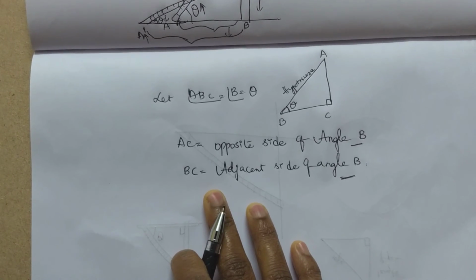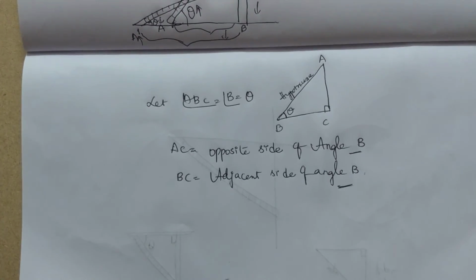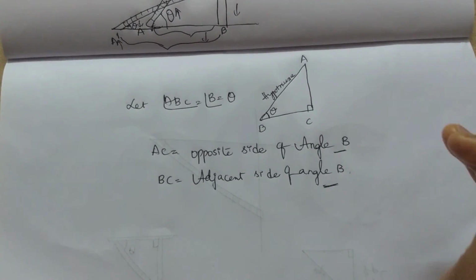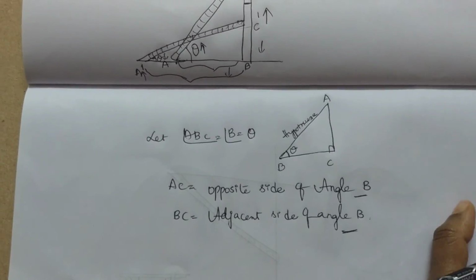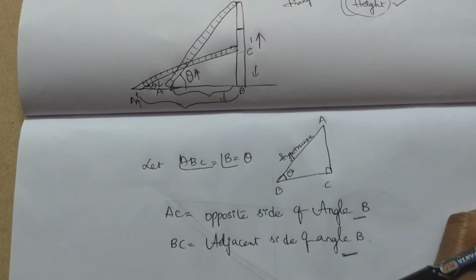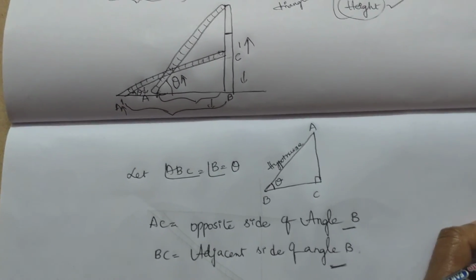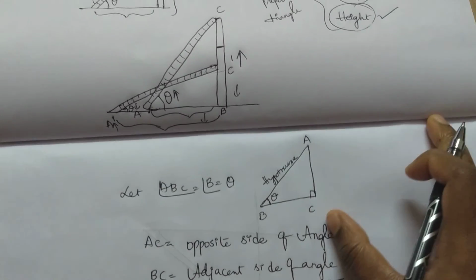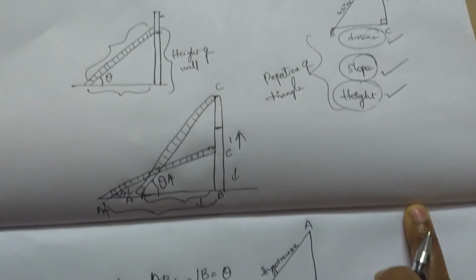Let us deal with it in the coming video. Clear? I hope this is a very basic definition, like what the adjacent side and opposite side are, which we are going to refer to in the coming videos. So it's a very brief explanation of what is meant by trigonometry.